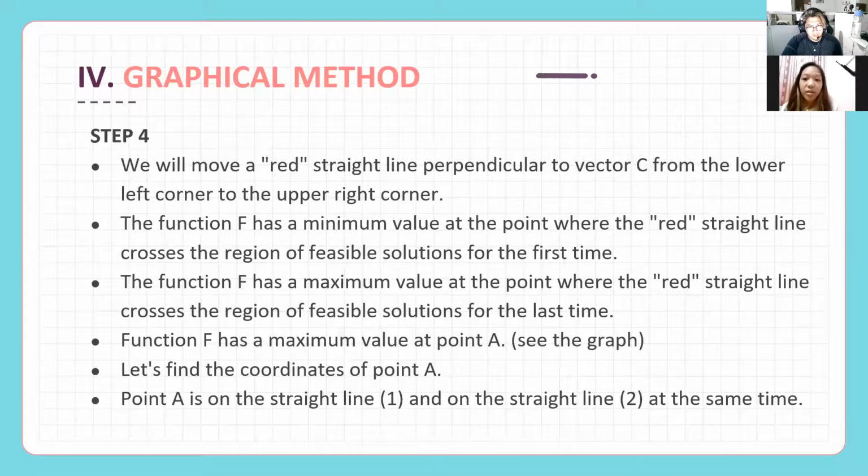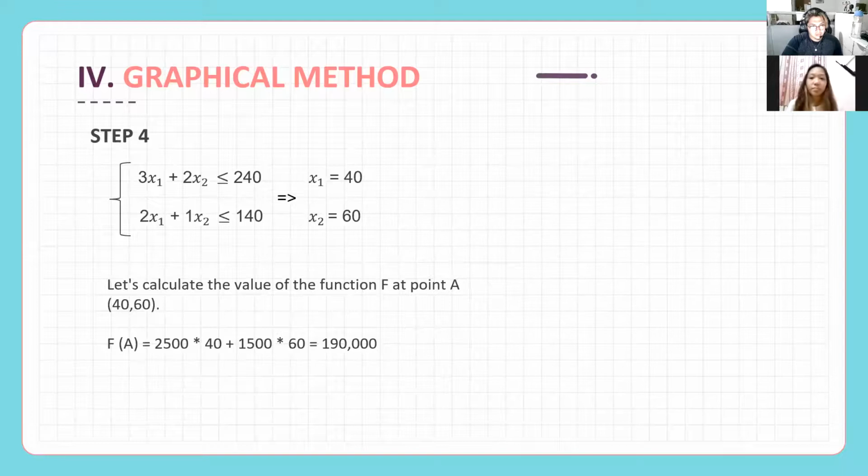Let's find the coordinates of point A. Point A is on straight line 1 and on straight line 2 at the same time. 3x sub 1 plus 2x sub 2 is less than or equal to 240, and 2x sub 1 plus x sub 2 is less than or equal to 140.